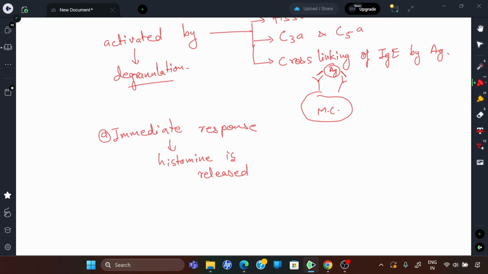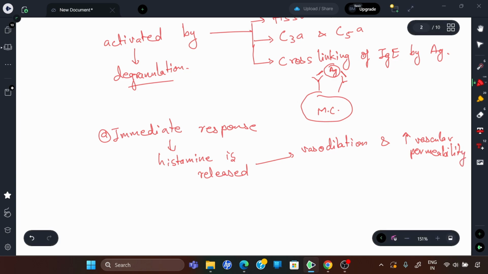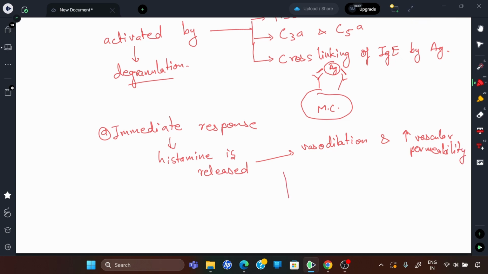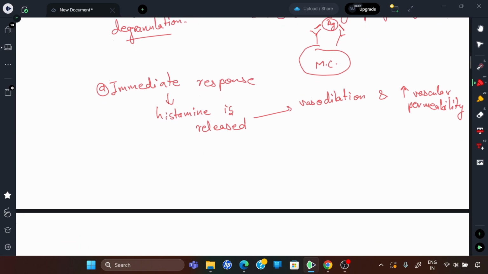And this released histamine basically leads to vasodilation and increase in vascular permeability. So this is the immediate response which we see on activation of mast cells.